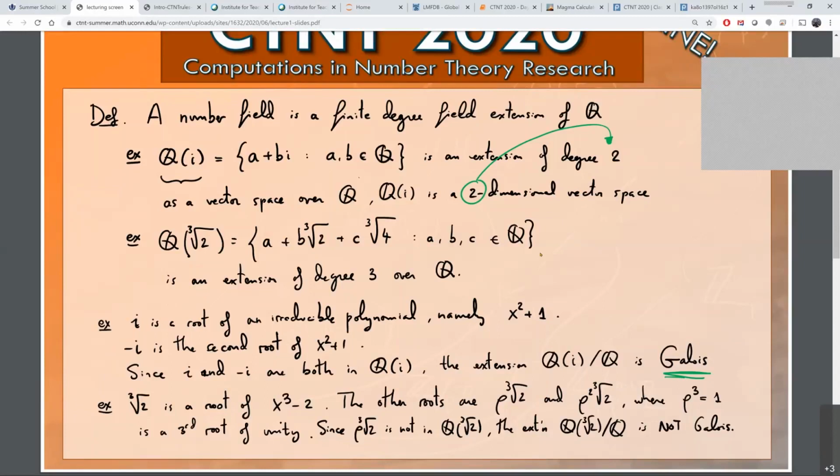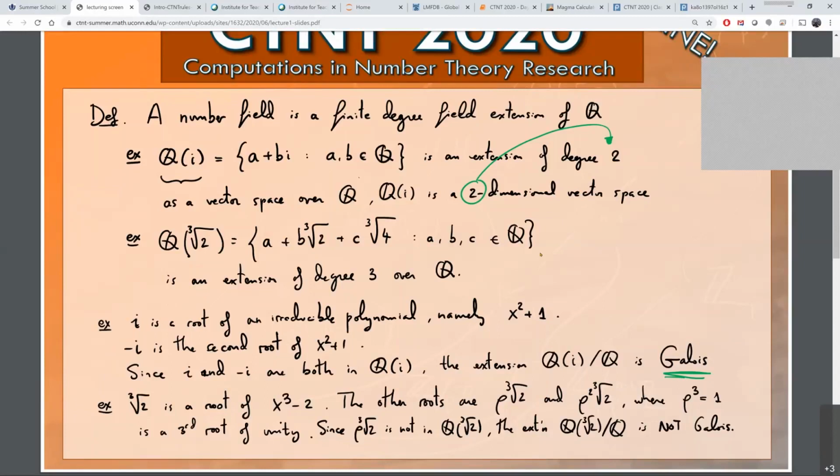But for the cube root of 2, the extension is not Galois, because the cube root of 2 is a root of x cubed minus 2. For the other roots, you need the third root of unity rho, and the other roots of that polynomial would be rho times the cube root of 2 and rho squared times the cube root of 2.